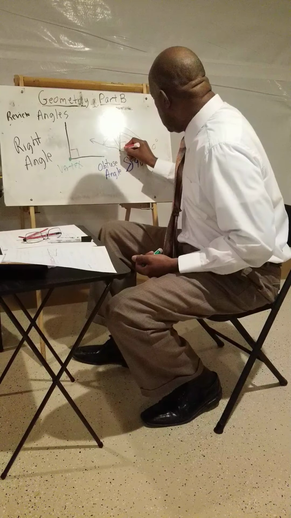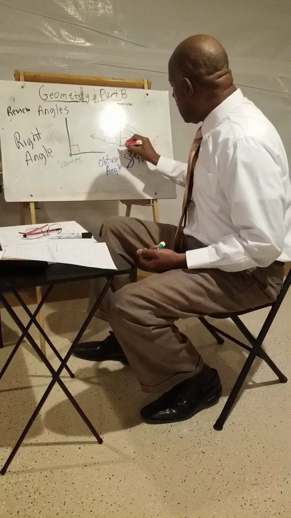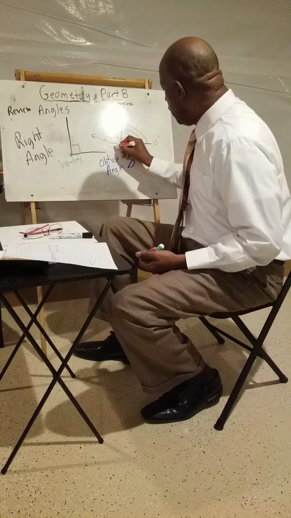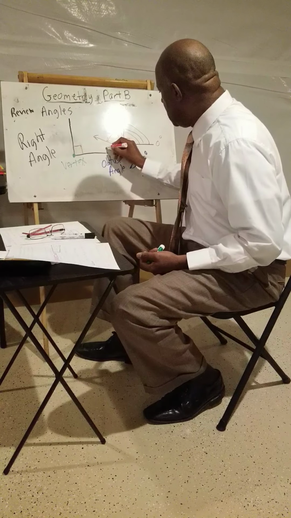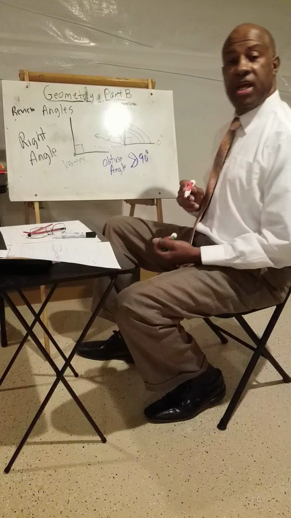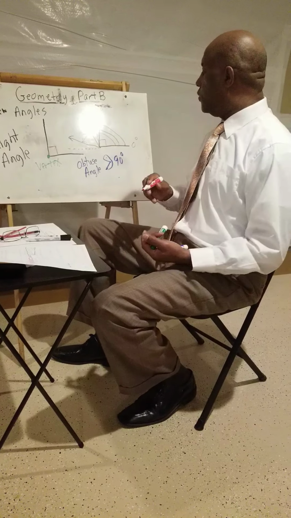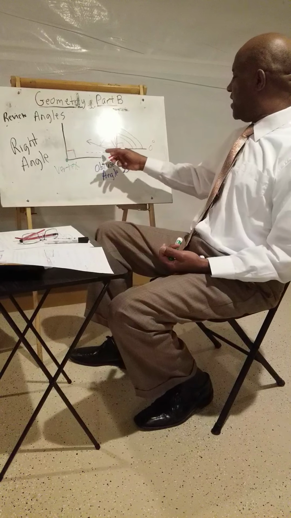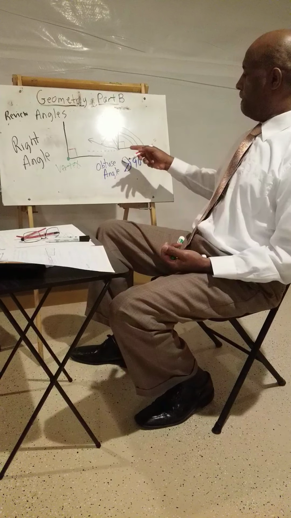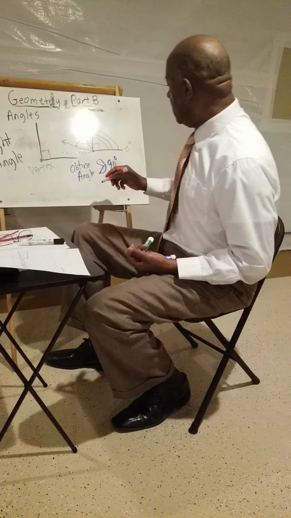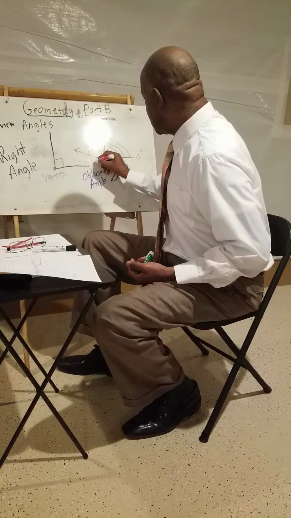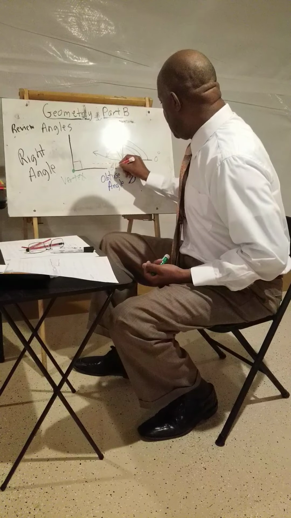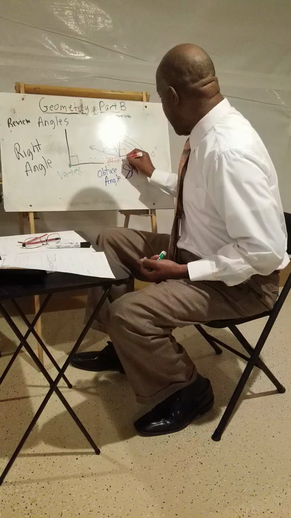But remember in your song there, boys and girls, when we were dealing with angles, what did your exercise tell you here with this straight line? Absolutely right. This straight line is called the straight angle.